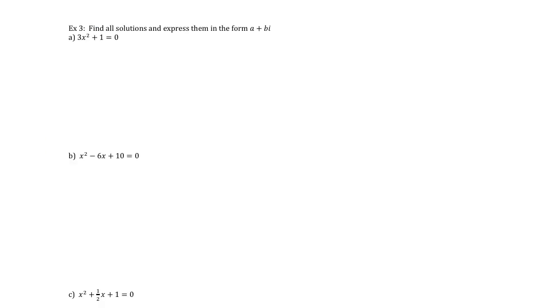All right, so let's do some examples here. I just have 2 terms, an x squared term and a number, so I can just do a positive and negative square root, isolate my x squared, and then I can take the square root of both sides.